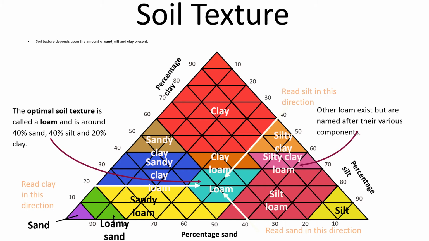You can see the white arrows pointing to an intersection of loam. Loam is a kind of soil that is a combination of silt, sand, and clay. If you have questions with the soil triangle, please make sure that you come in and clarify with me in person.